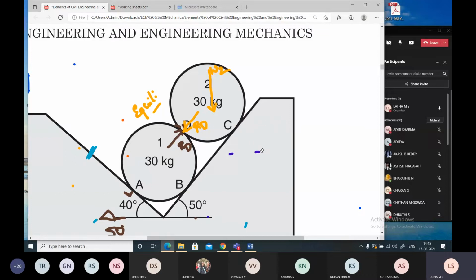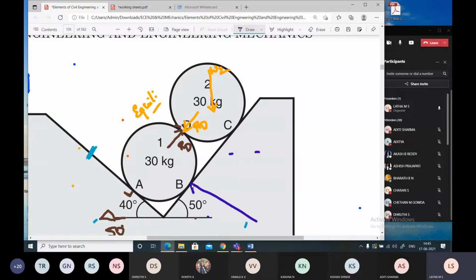It's the same angle. See, it's the same plane every time. You find this RB, also you find RC. Both are parallel. Whatever RB is making with the horizontal, this is 40 degree. Even this will make an angle of 40 degree.